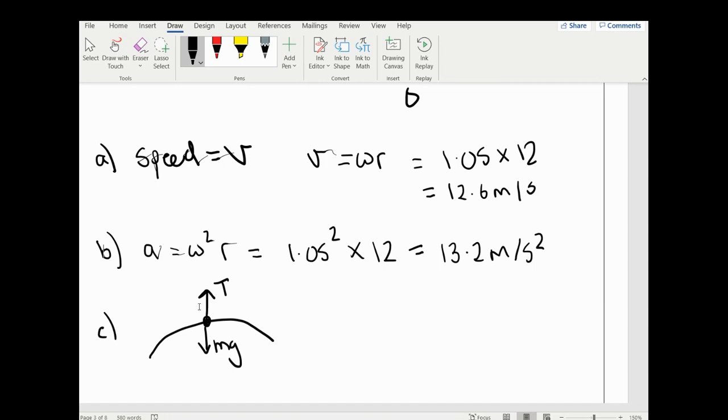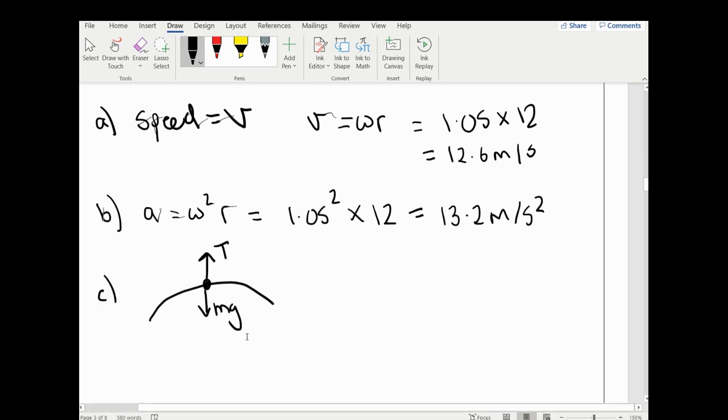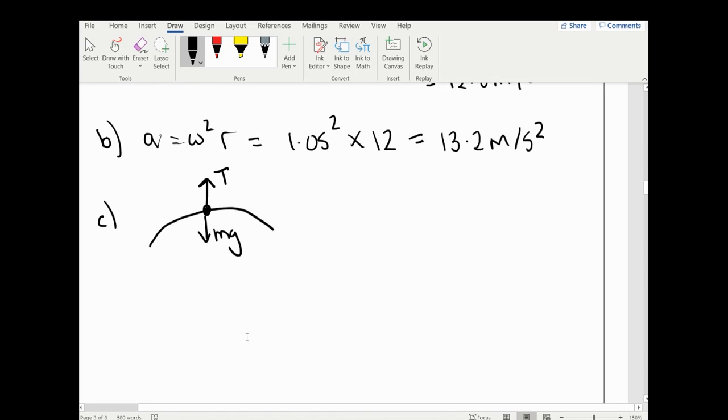Now, I've seen some people say that positive is always inwards to the center of the circle, and they always draw the tension inwards. I don't like doing that. This is the way I do it, and it works for me. So I know that this is the circle. I always say that up is positive.